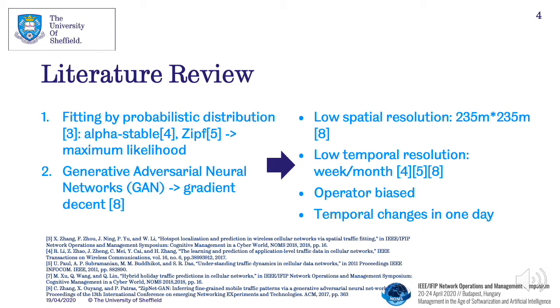So that's the third gap. And finally, there are no temporal changes within 1 day, no correlation, for example, the correlation of morning and afternoon, or of Monday morning with Tuesday morning. So that's the motivation we need to improve on.